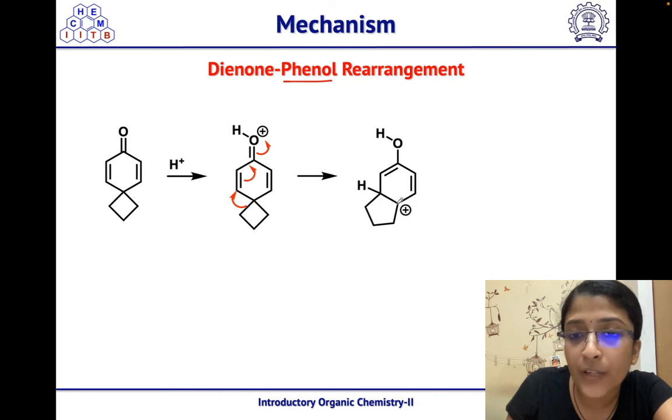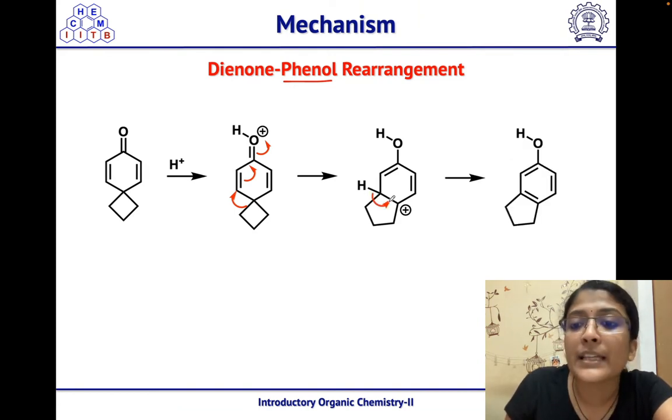Now it is not an aromatic system, and when the hydrogen is removed so as to neutralize this positive charge, it will give an aromatic system, that is phenol. A substituted phenol we are getting. So this dienone is converted into a phenol, and because of this, this reaction is called a dienone phenol rearrangement.